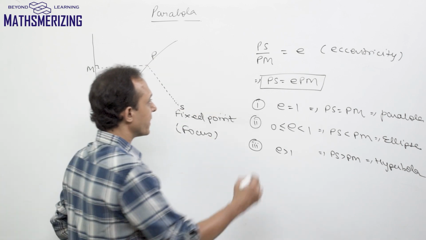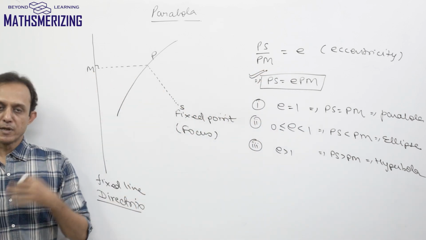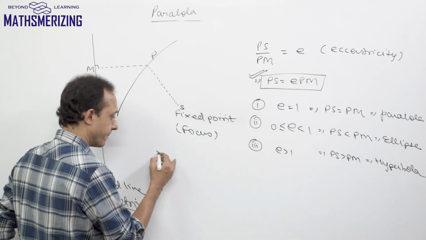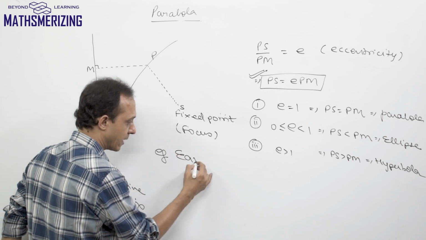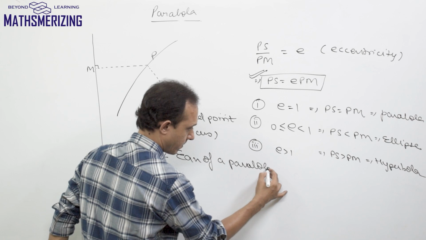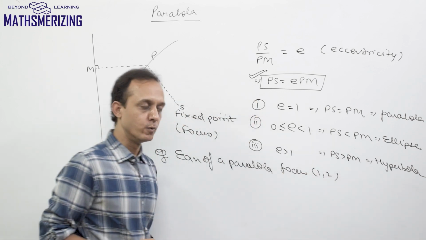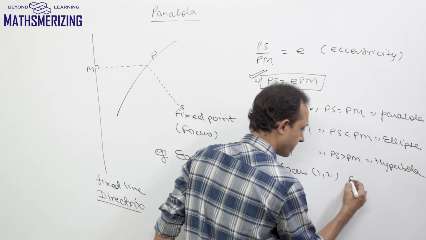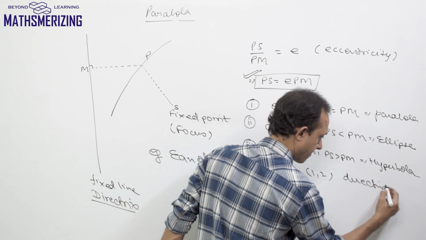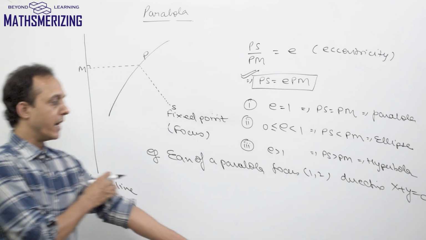Now this definition is also used to write general equations of conic sections. Say for example, suppose I say, write the equation of a parabola whose focus is (1, 2) and whose directrix is x plus y equals 0.